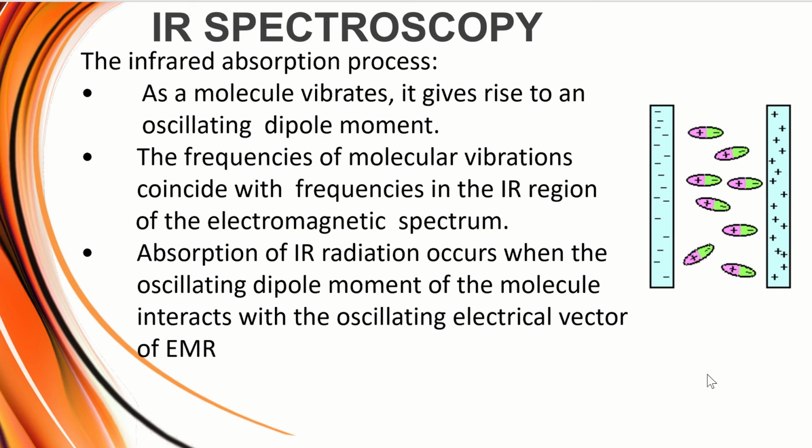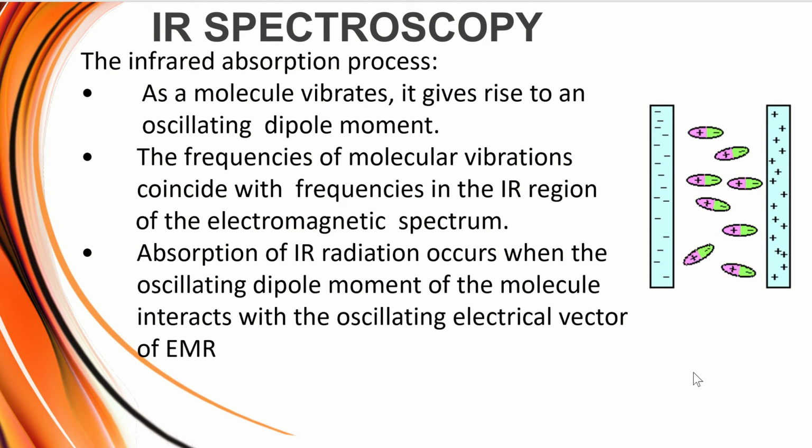We see where we have a polar molecule represented by these green and pink plus and minus signs, so that represents a polar molecule, and in the presence of an electrical field it will turn to align. So notice that the negative side of the molecule aligns with the positive, and the negative aligns with the positive on this side, right?